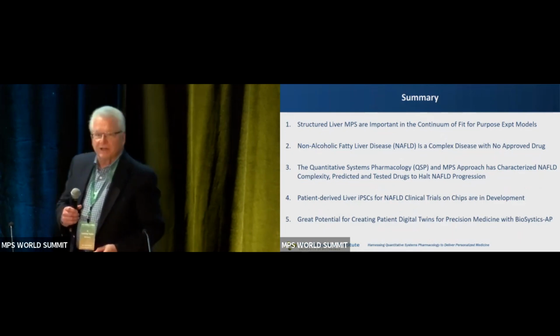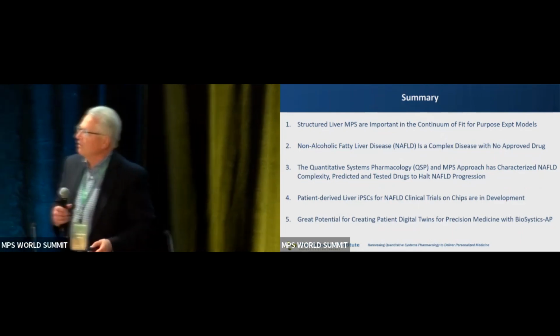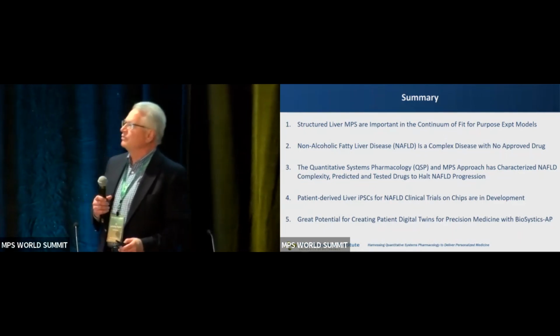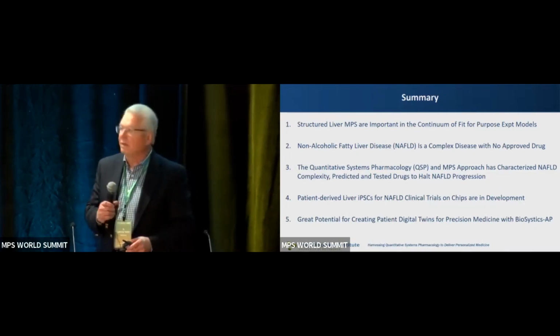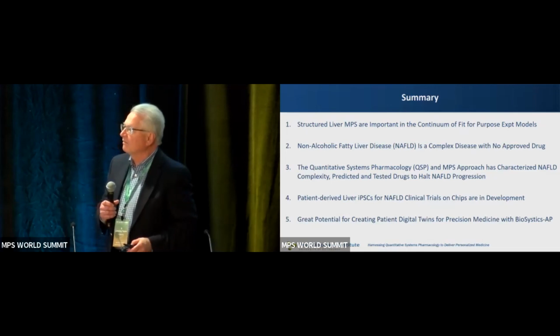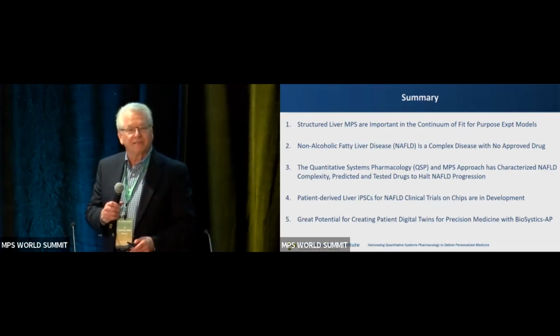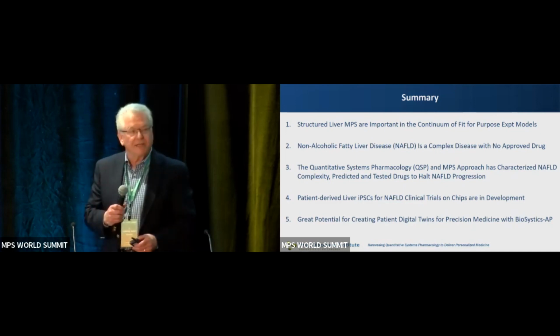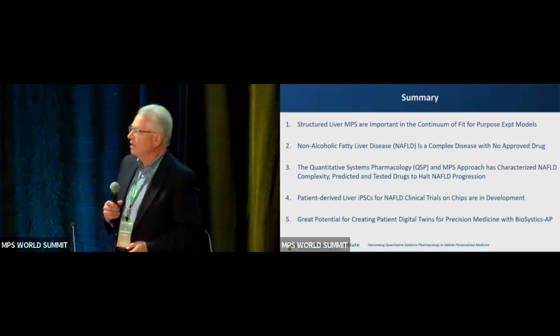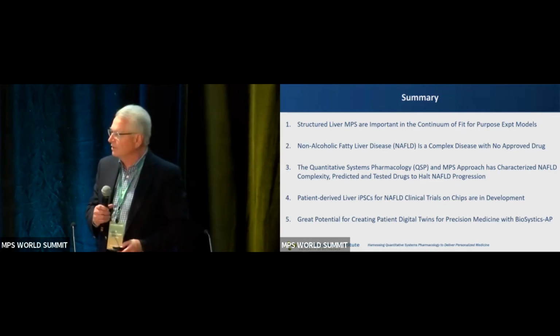So this is the list of what I'm going to tell you this morning. First, structured liver MPS are important in the continuum of fit-for-purpose experimental models. Non-alcoholic fatty liver disease is a complex disease with no approved drugs. And the quantitative systems pharmacology, or QSP, and MPS approach has characterized NAFLD complexity, predicted and tested drugs to halt NAFLD progression.